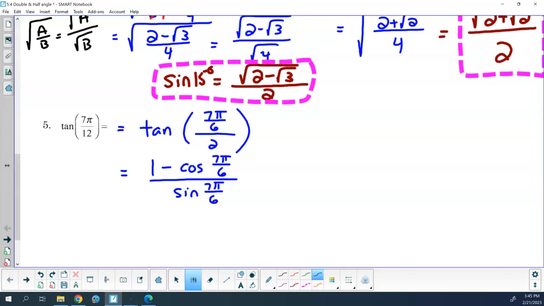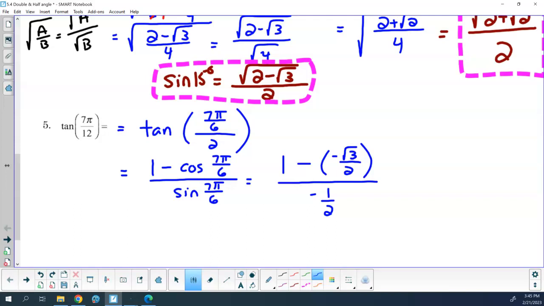Okay? So this becomes 1 is 1. Cosine at 7 pi over 6 would be negative square root of 3 over 2. Sine at 7 pi over 6 would be negative 1/2. So we're sitting here now.